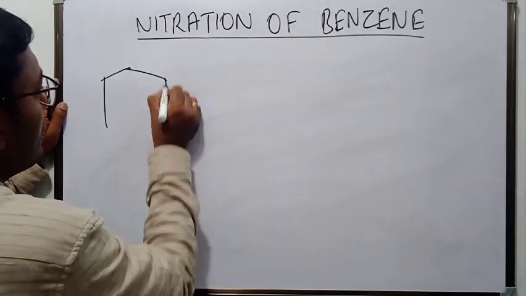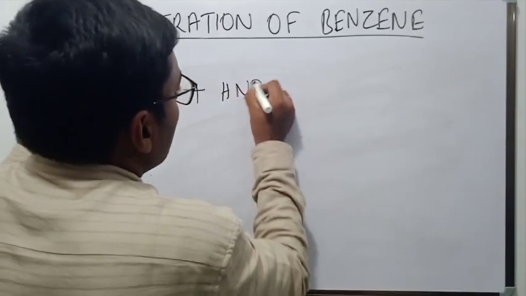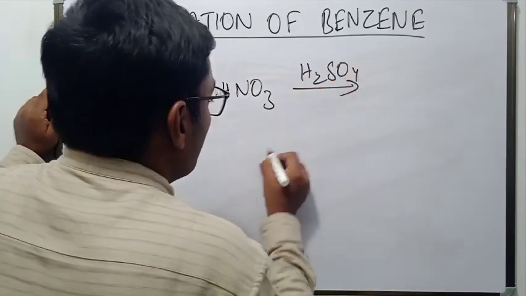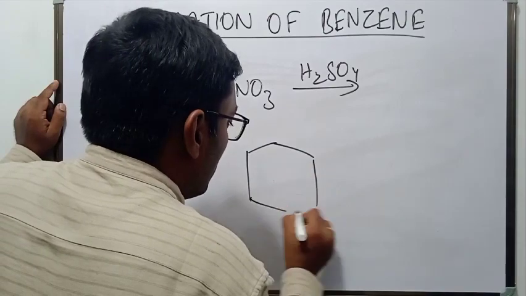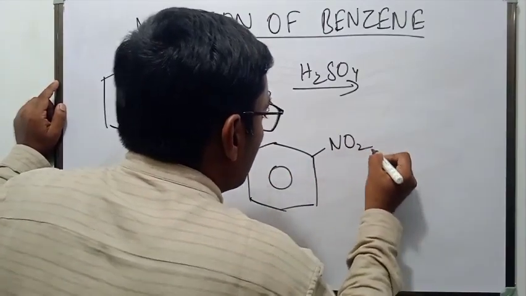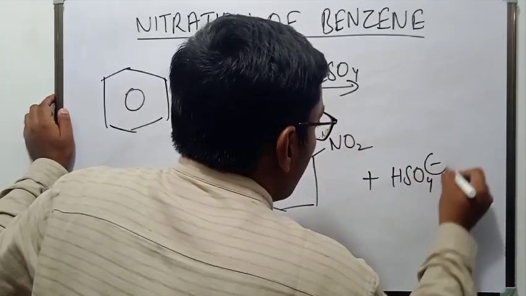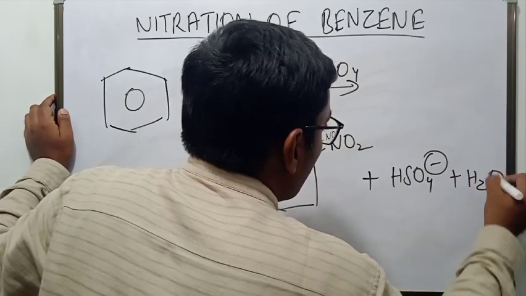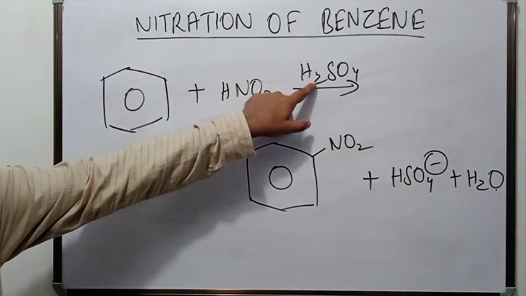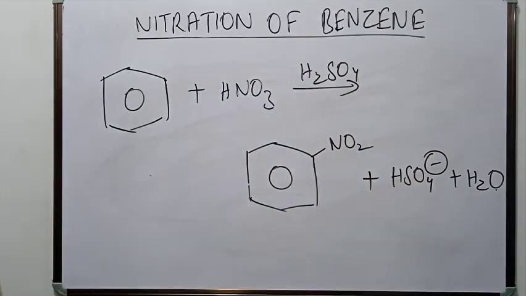The benzene ring reacts with nitric acid in presence of H2SO4 to form nitrobenzene. You can attach the NO2 group anywhere you like, and HSO4 minus and H2O. So this is the reaction. It reacts with HNO3 in the presence of H2SO4 to give nitrobenzene plus HSO4 minus plus H2O.